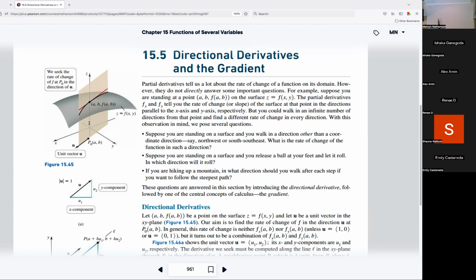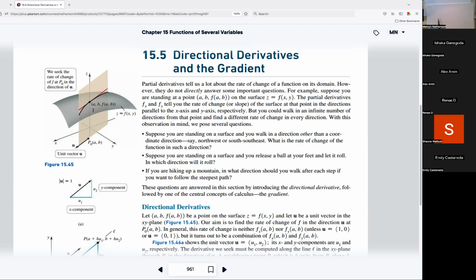And if you cut the surface with the plane perpendicular to the x-axis, that is parallel to the yz plane, you get a curve parallel to the yz plane, and the derivative of that is the partial derivative of your function with respect to y.